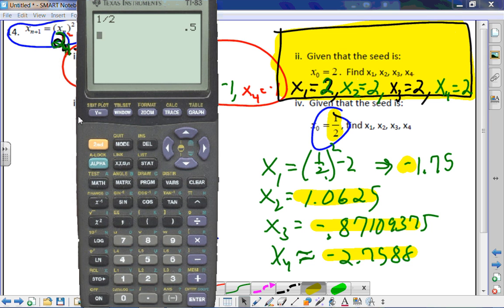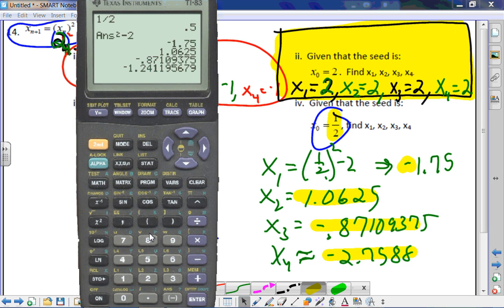Next, let's do second answer. Squared key, minus 2. So iteration number 1, iteration number 2, iteration number 3, and 4. Looks like I made another mistake there with iteration number 4 in green.